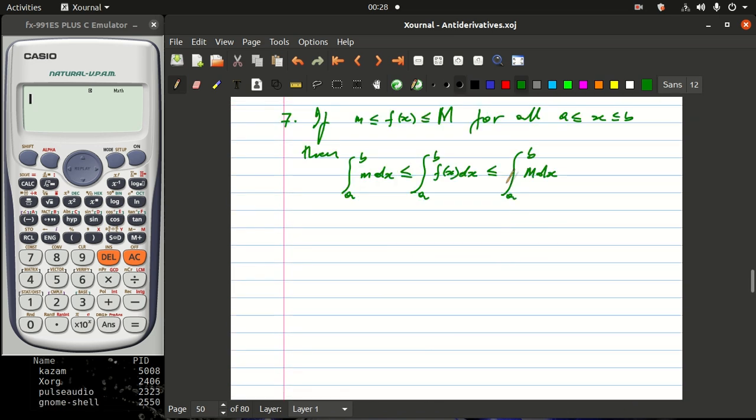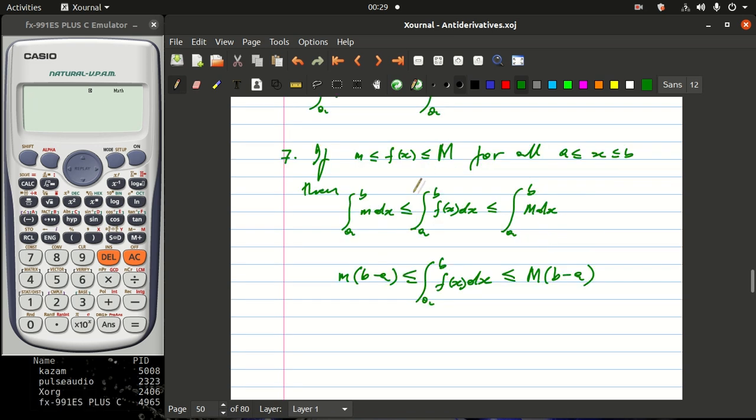Some textbooks usually just say that m times b minus a must be less than or equal to the definite integral from a to b of f of x dx, and this one is less than or equal to capital letter M times b minus a. Some of us who might end up taking measure theory will end up using this a lot when they are proving things, but this one is also one of the important properties.